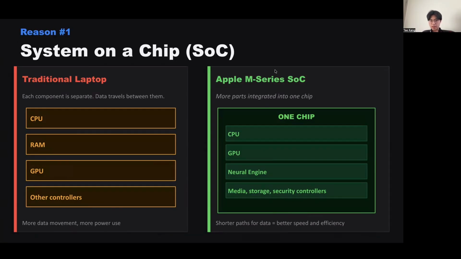On the other hand, on Apple M series, the CPU, GPU, neural engine, media, storage, and security controllers are all in one chip. So there are shorter paths for data, and better speed and efficiency. On traditional laptops, each component is separate. Because more data has to move, it uses more power too.